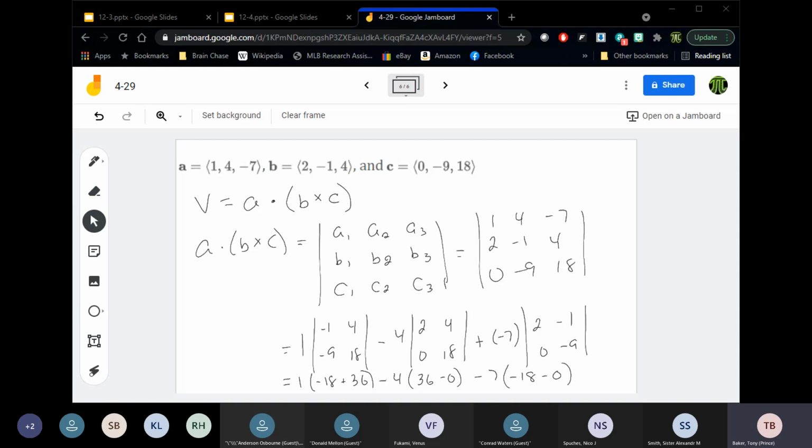So we get 1 times 18 minus 4 times 36 minus 7 times negative 18.